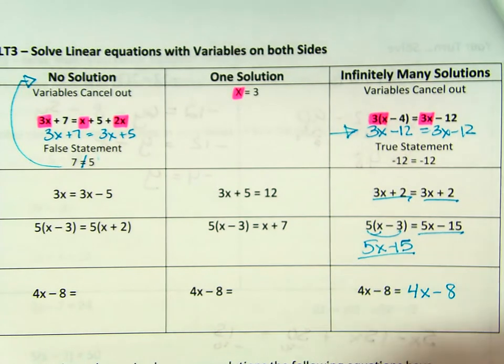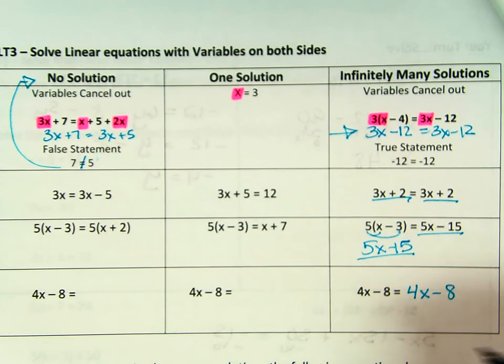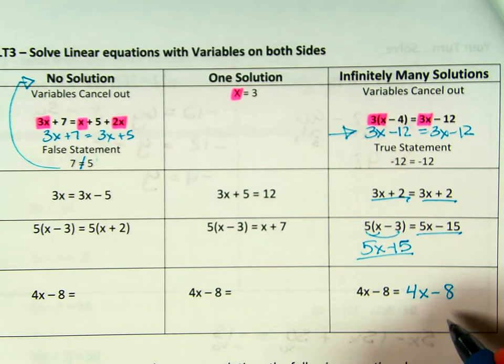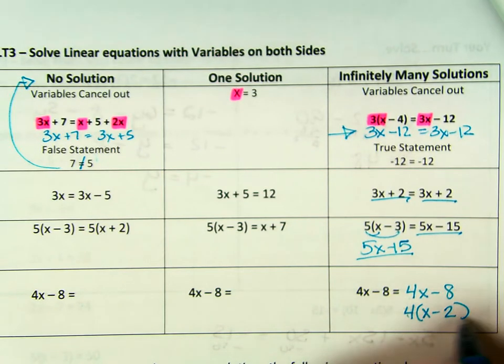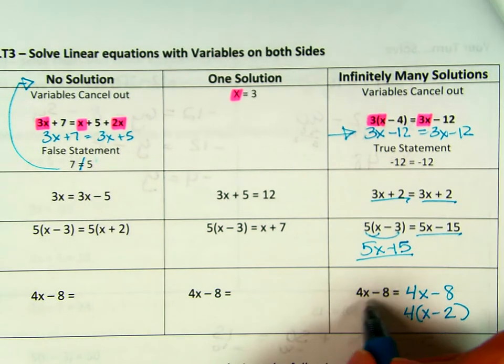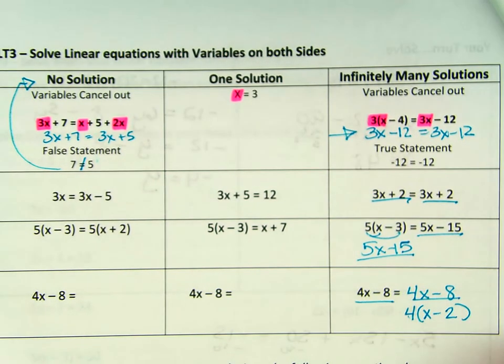So that's a no-brainer, right? It has to be exactly the same. I mean, you could write that in different ways if you want to be creative. If you're up a level and not satisfied with the status quo, you could have written it like this, right? 4 times x minus 2, which would still be the same as 4x minus 8. So be creative if you want to, but remember, it has to be exactly the same.